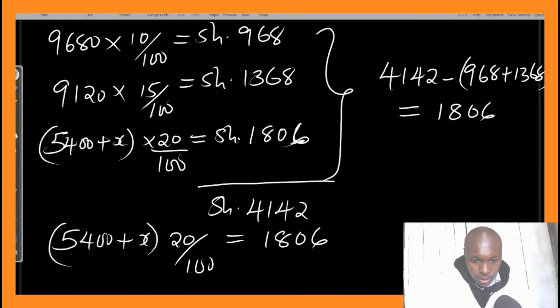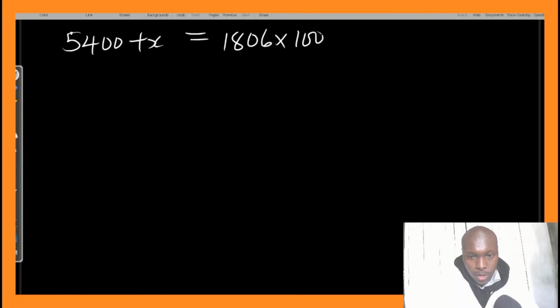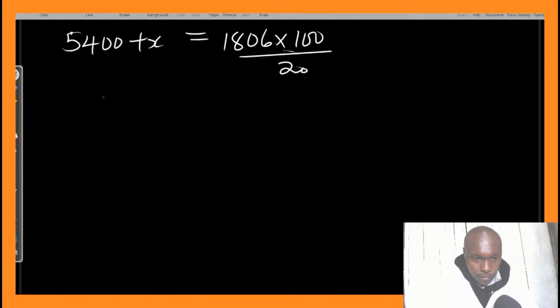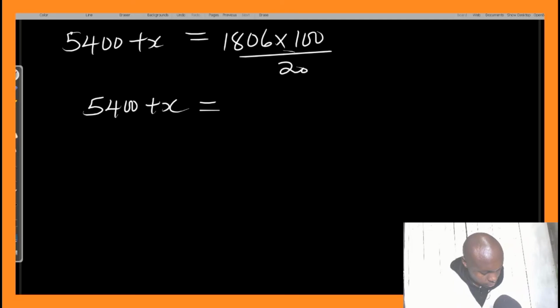So 5,400 plus X is equal to 1806 times 100 over 20, the reciprocal of 20 over 100. This will give 9030.